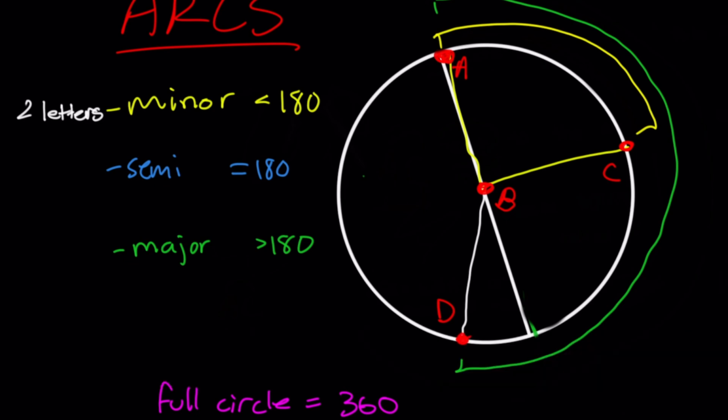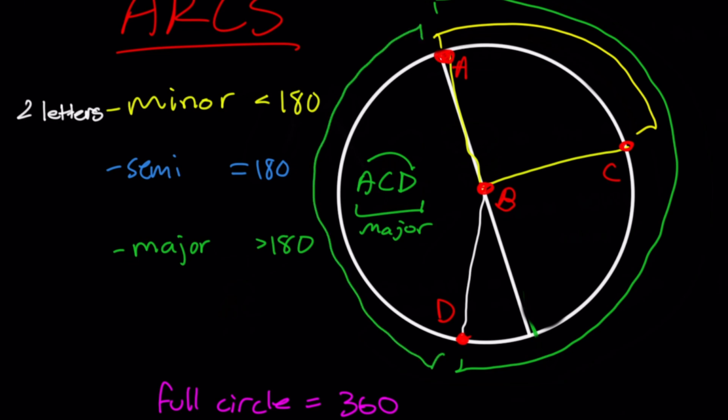When they had arc ACD, that right there, 3 letters, is a major arc, I would actually think it was from here to here. So I got the wrong answer. Don't make that mistake. Make sure that you are going in the correct order.